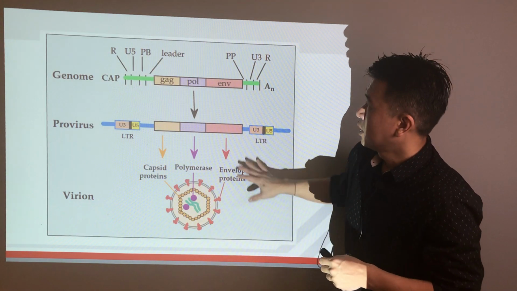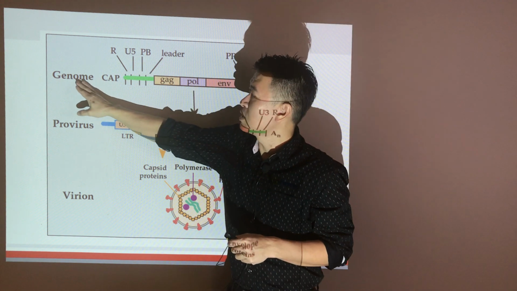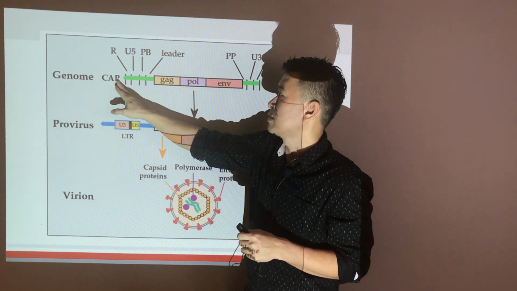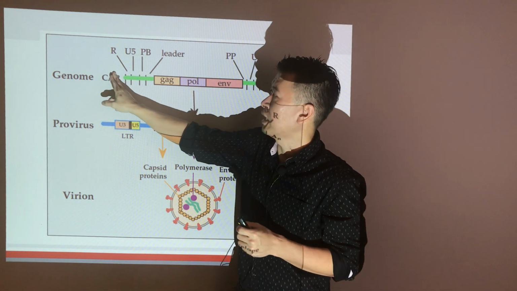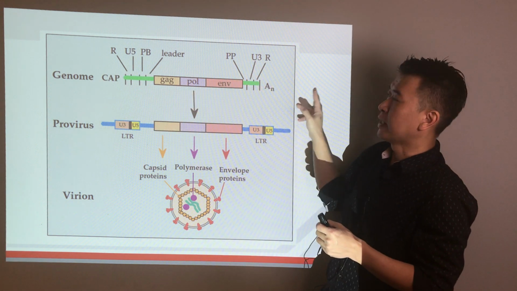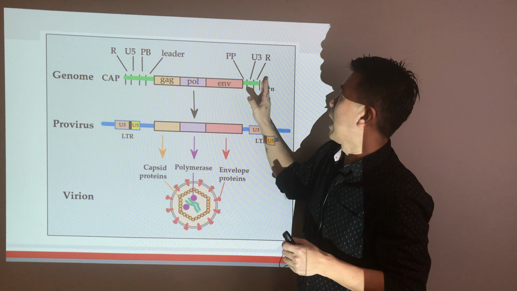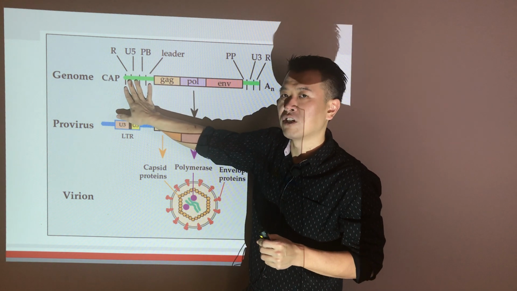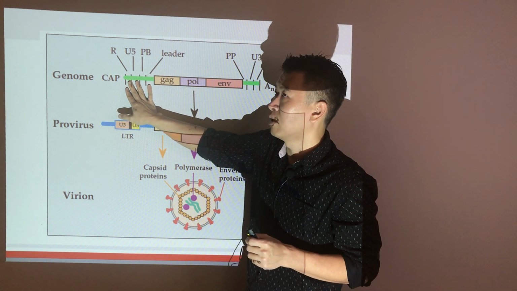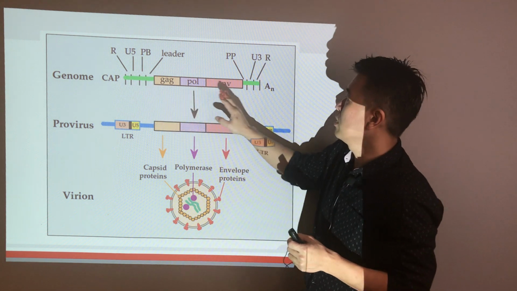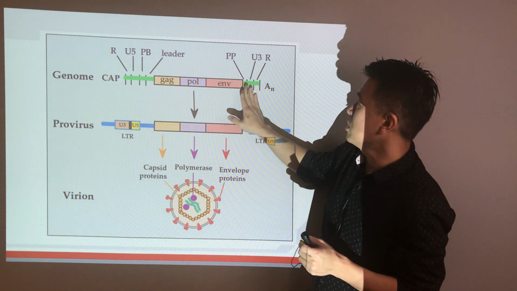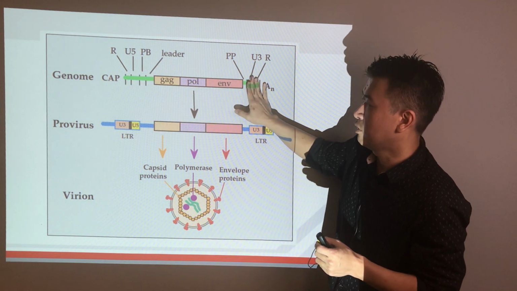Okay, so here, like I mentioned, the genome of the virus is actually an mRNA. It has a cap, it has a poly-A tail, and this is the gene. So the front and the end here are all those untranslated regions, or UTR, 5' untranslated region, 3' untranslated region.